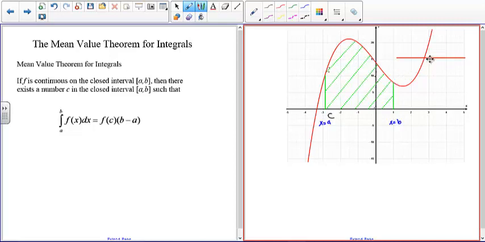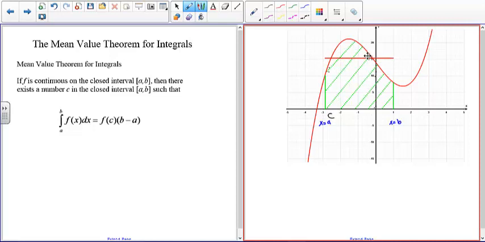And we want to know what is the value of x such that the function evaluated at x, multiplied by the difference in the limits, would give me the same value as the area underneath the curve. So if I go this way, I'm obviously overestimating the area underneath the curve. And if I go down to here, I'm definitely underestimating the area of the curve. So it's somewhere between those two.